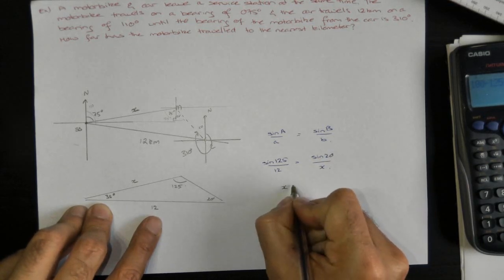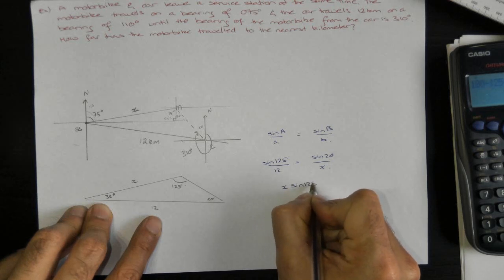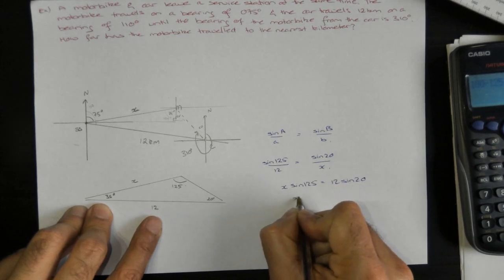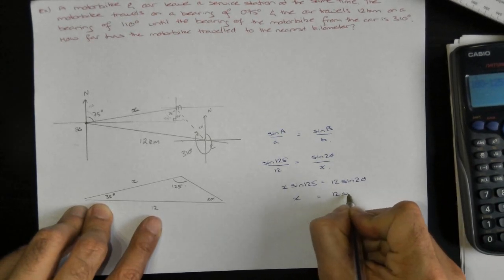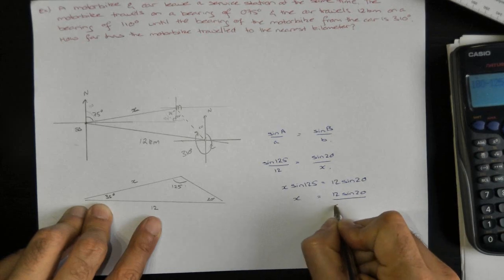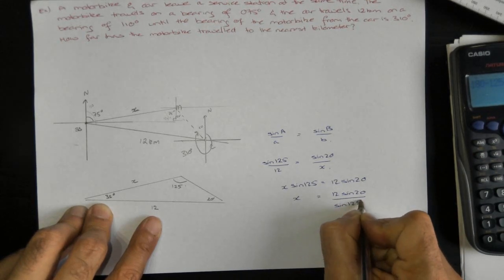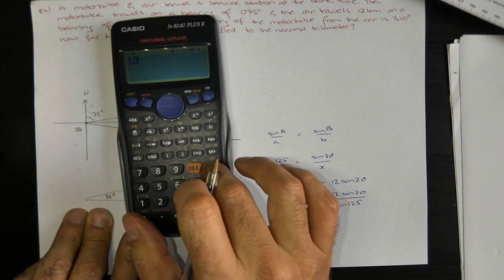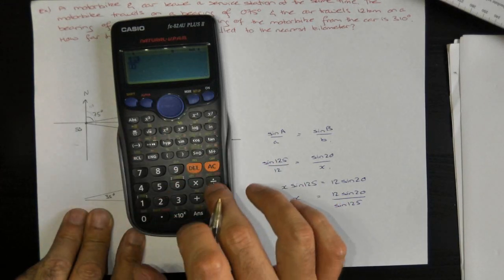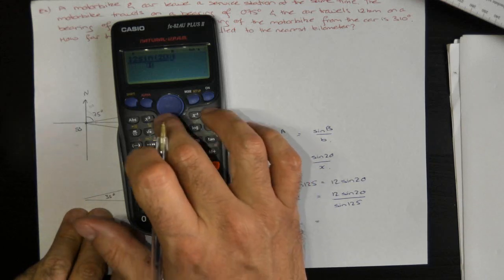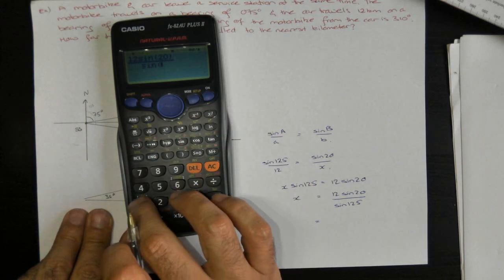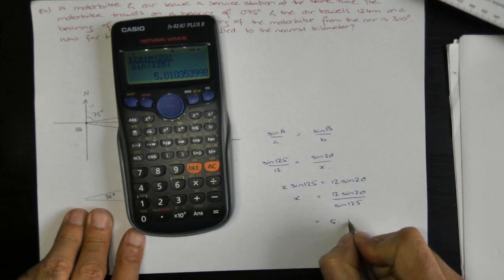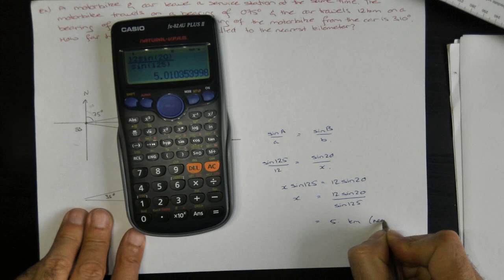Using some algebra, I've got x sine 125 equals 12 sine 20, divided by sine 125 on both sides. So now we have 12 sine 20 divided by sine 125. x would be 5 kilometers, to the nearest kilometer.